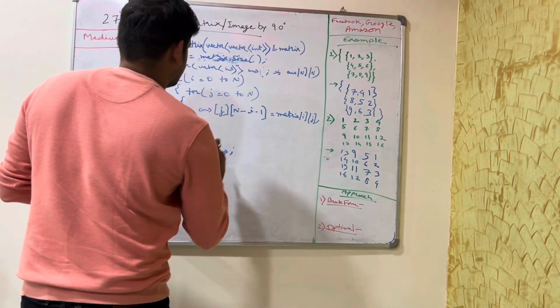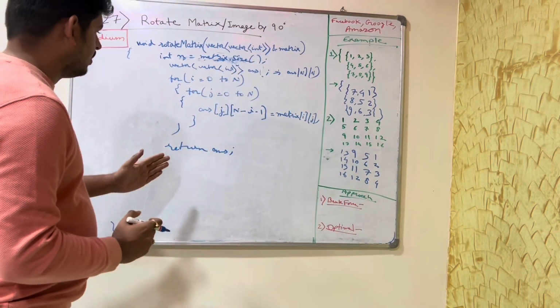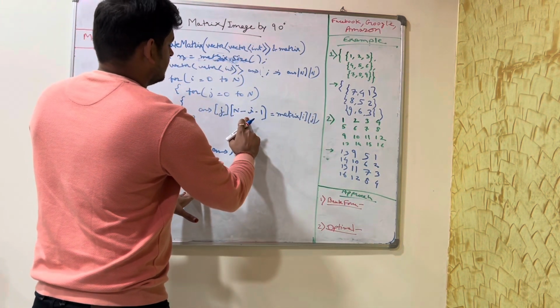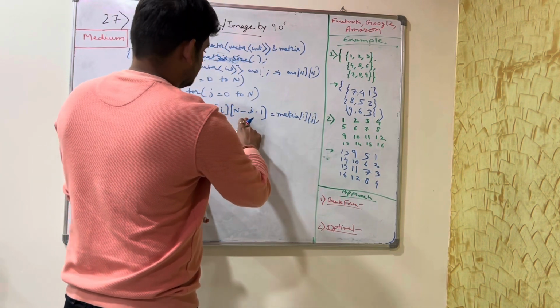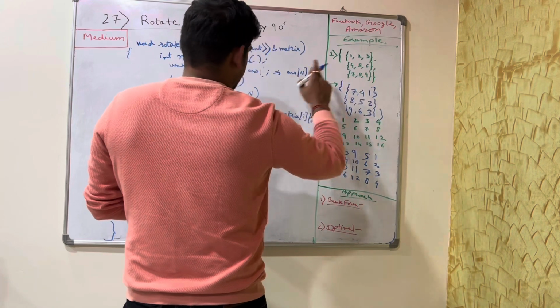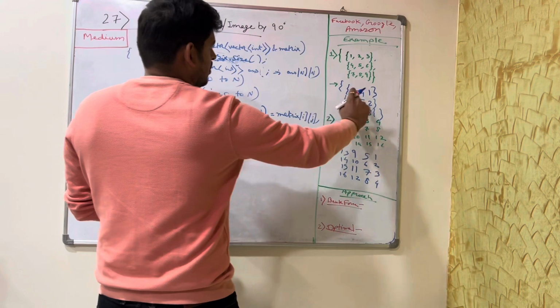Then we just return answer. For the 0th row, this column would be the last column, so 1 will come over here, then 2 and 3 as the j value increases to 1 and 2.